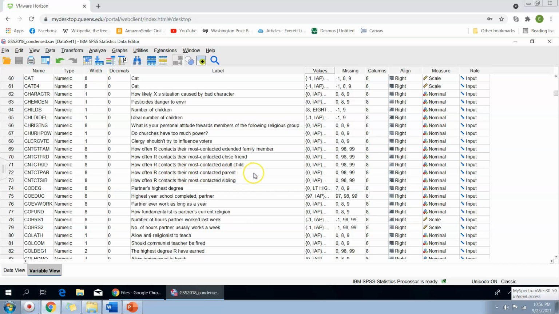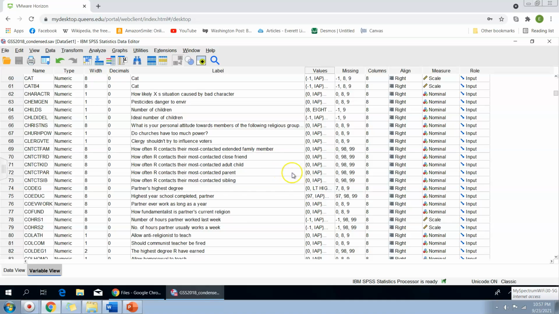You're going to think about that and say, well, if that's in number of times per month, that's going to be numeric. If it's coded categorically, then it's going to be categorical.